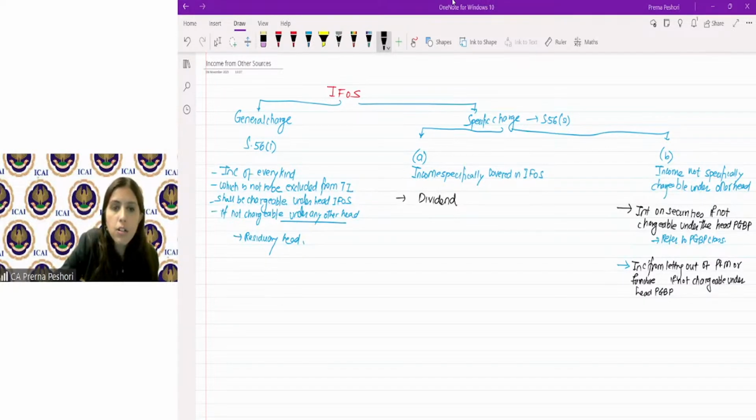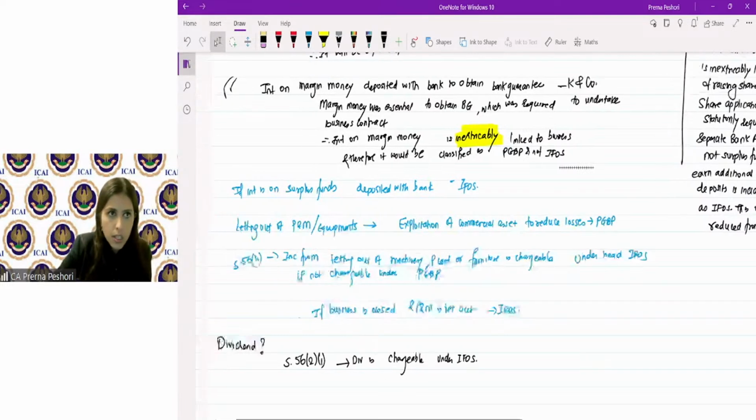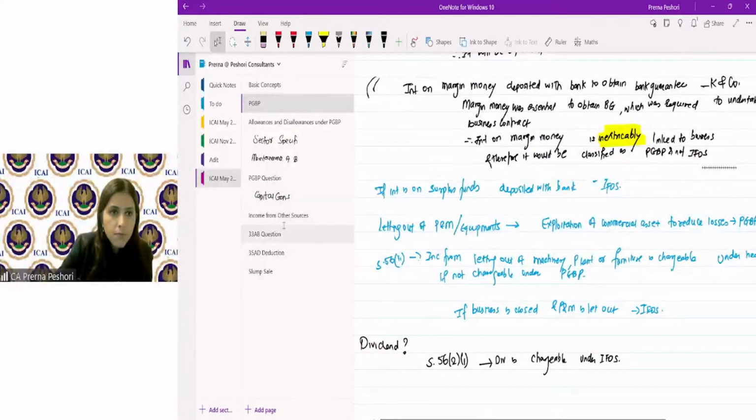If you remember over here, we had discussed in the PGBP class, income from letting out of plant, machinery, furniture shall be chargeable under EFOS if not chargeable under PGBP. If exploitation of commercial asset is to reduce the losses, then PGBP. If business is closed and then the plant and machinery is let out, that will be income from other sources. So just write it over here.